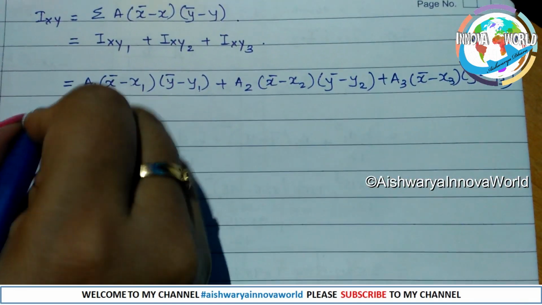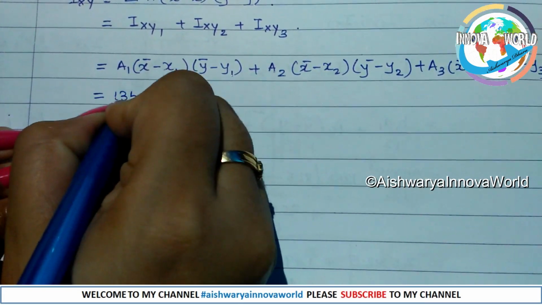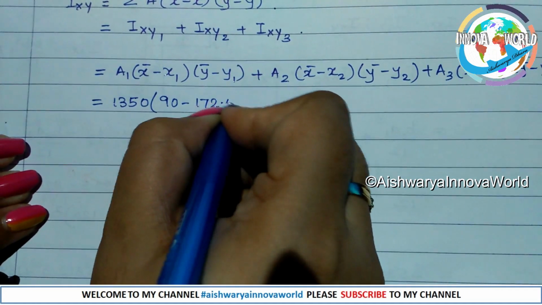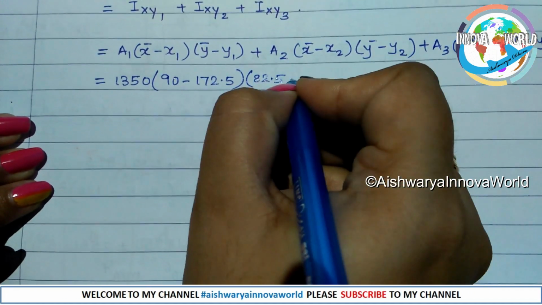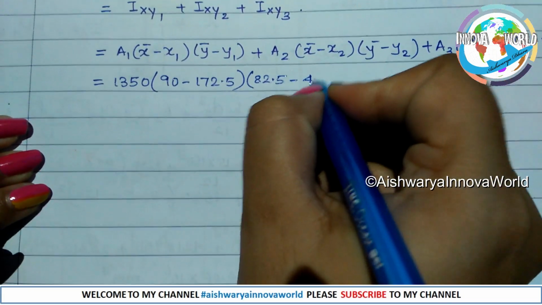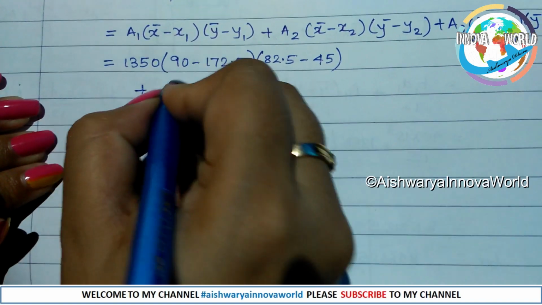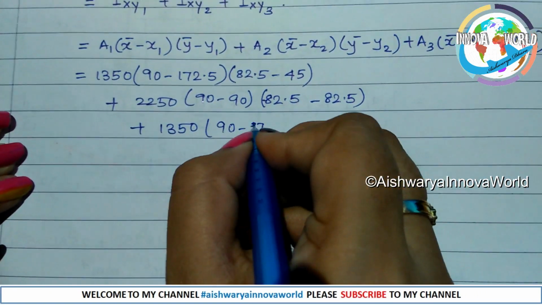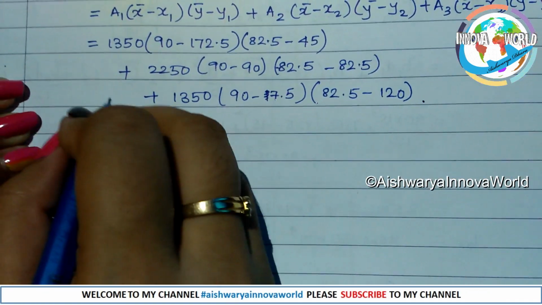Now again from the table you know all the values, substitute the values here. 1350 into (90 minus 172.5) into (82.5 minus 45). Similarly, write for the other one. Now substitute in your calculator.